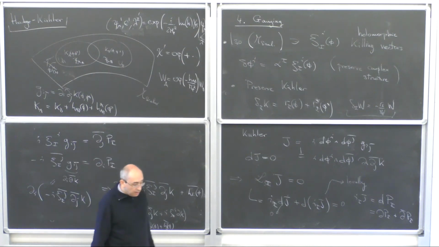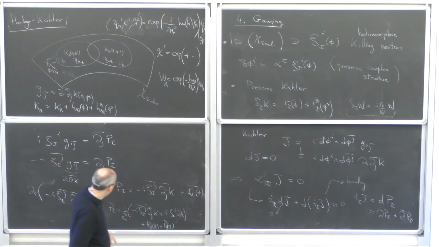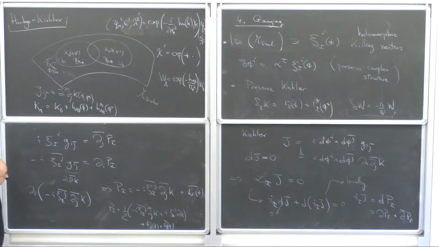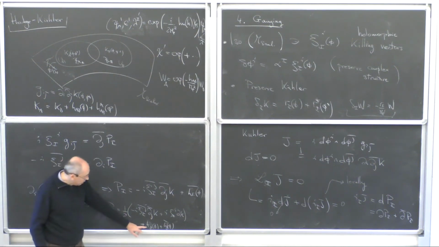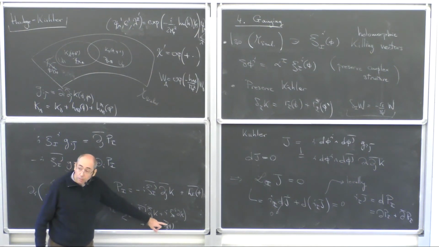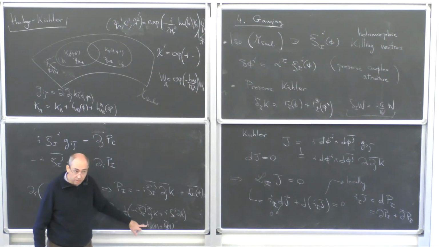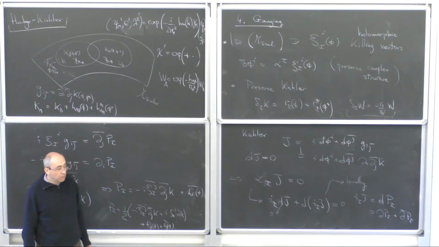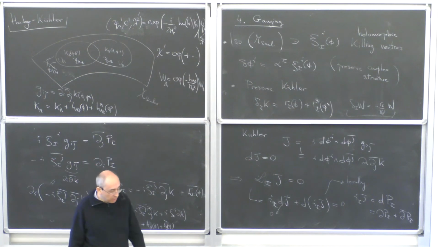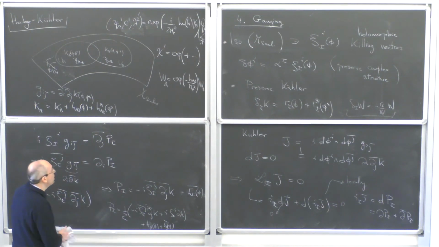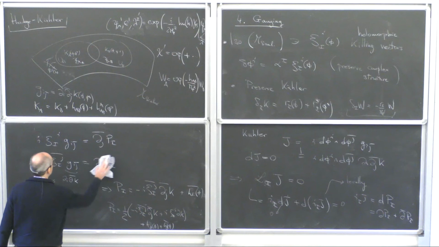Now, these prepotentials, though, here I still have some ambiguity. I have these holomorphic functions, these holomorphic integration functions that are arbitrary at this stage. Now, gauge invariance imposes an additional constraint on the prepotentials.